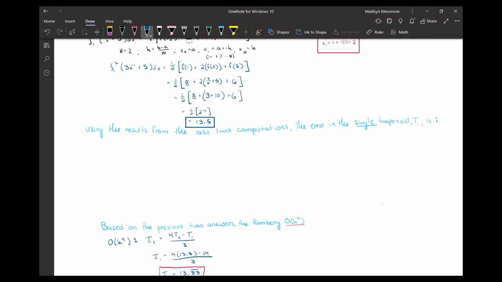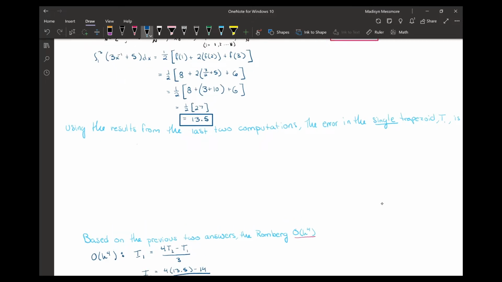Okay. So you might be asked to find the error in one of them, in which case it's a good thing that you had already found the estimated integral for 1 trapezoid and 2. The formula for it, let me pull it up, for trapezoidal anyway, should be E_n equals 4/3 times |T_n minus T_2n|. So in our case, E1 equals 4/3 times the absolute value of T1 minus T2.